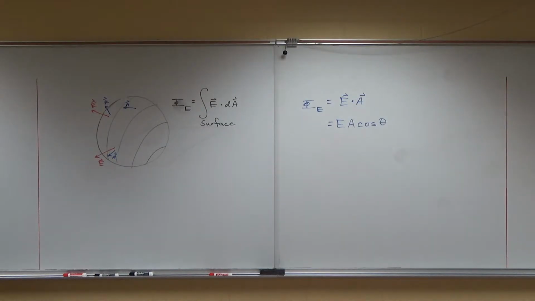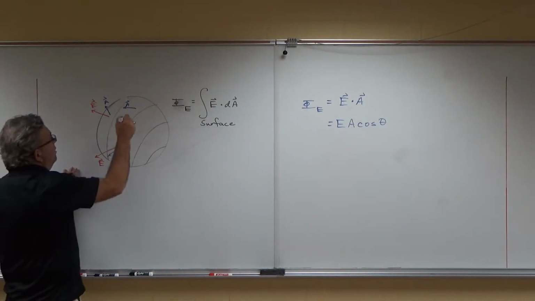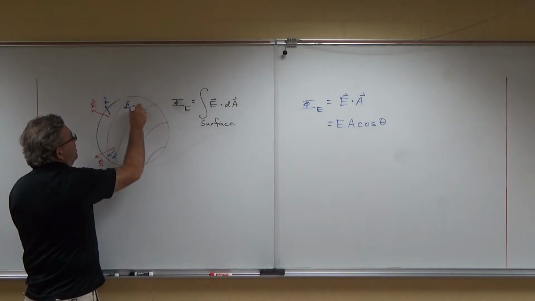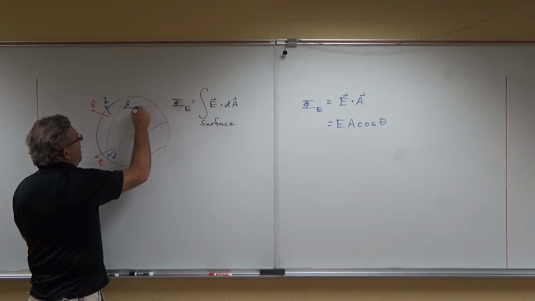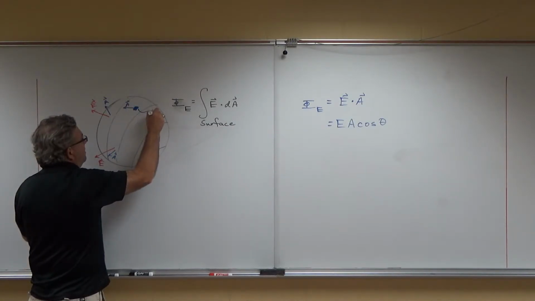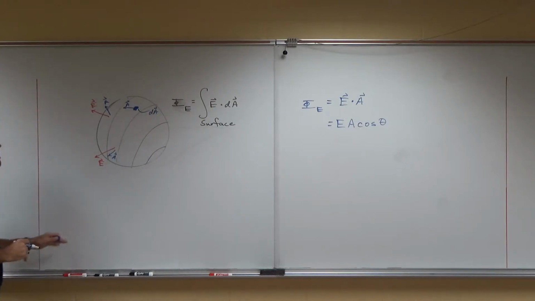So there's a little area vector. Then I look at this region that is here, and that's my little bit of area dA.